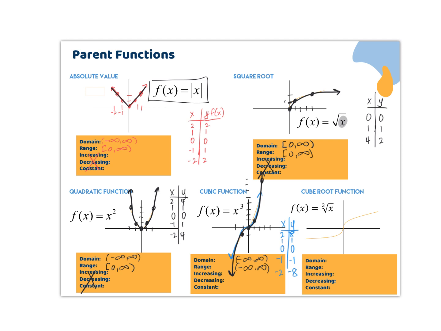And then a cube root function, that one's kind of interesting. Well, again, we'll try to figure out what numbers I would plug in if I asked you to graph it. You'd start maybe with 0. The cube root of 0 is 0. You go to 1. The cube root of 1 is 1. You go to 8. The cube root of 8 is 2. And again, you can do negatives with cube root. So the cube root of negative 8 is negative 2.